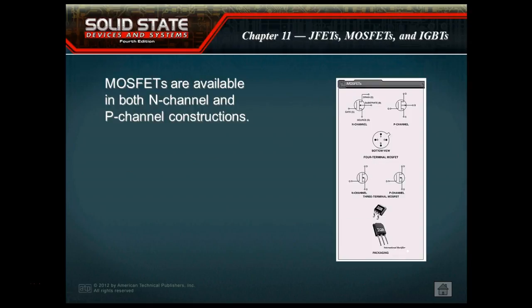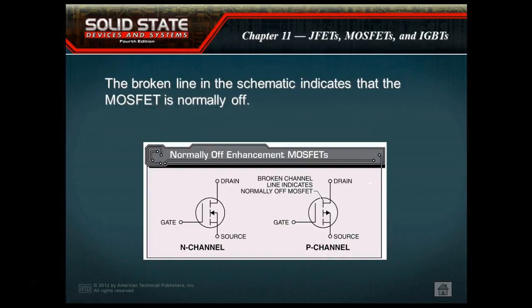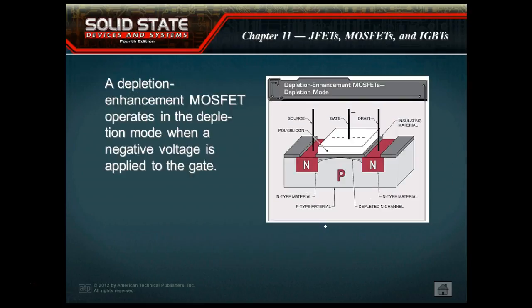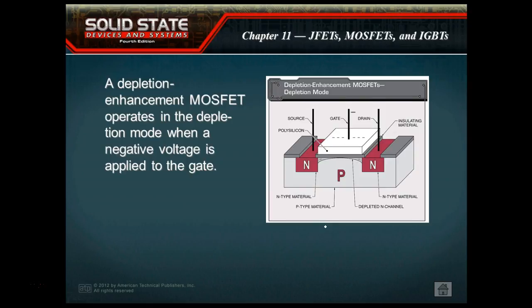So this is the symbol for a depletion mode MOSFET right here. D MOSFET right there. So what we do is basically the same, but the E MOSFET shows the channel being broken, where the D MOSFET uses exactly the same symbol.